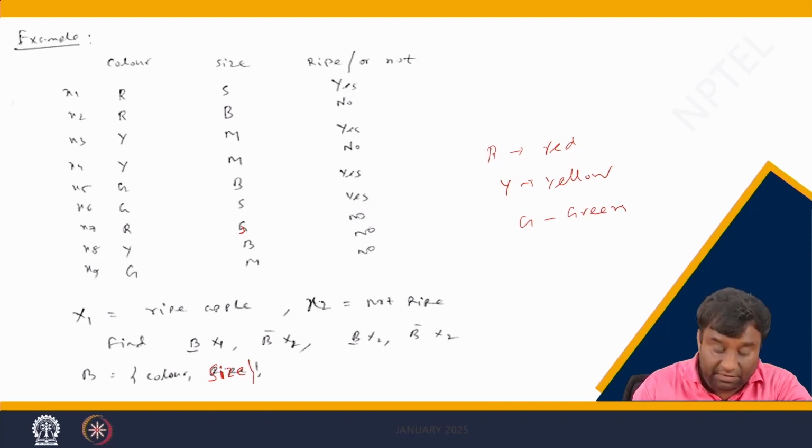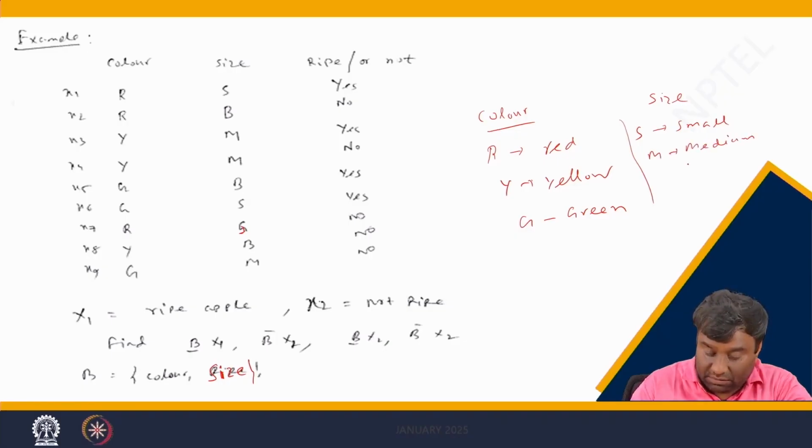For size, S is for small, M for medium, and B for big.